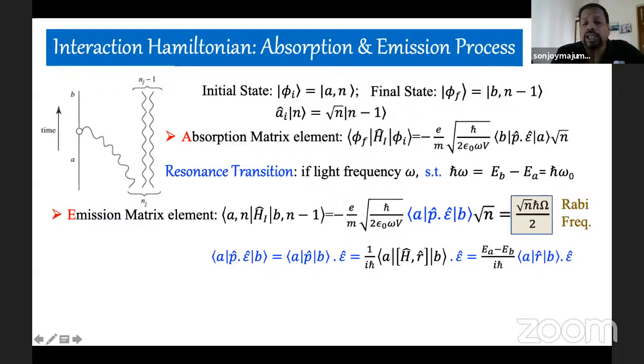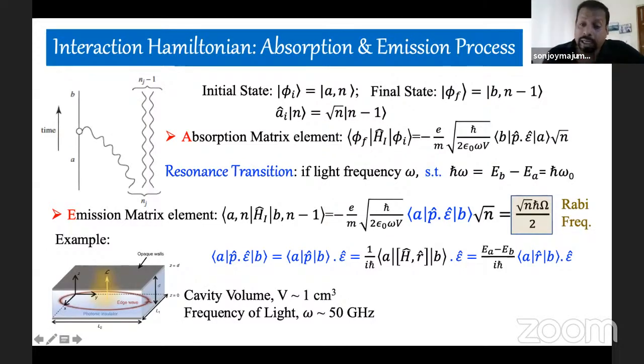So when H operates on A or B, you get back the energies corresponding to that state. Ultimately we get the factor E_A minus E_B divided by ħ coming out of this commutator relation, and you get back this matrix element in the length form, since it is position dependent. This one is the velocity form, or momentum form. So this is the matrix element for the electric dipole transition.